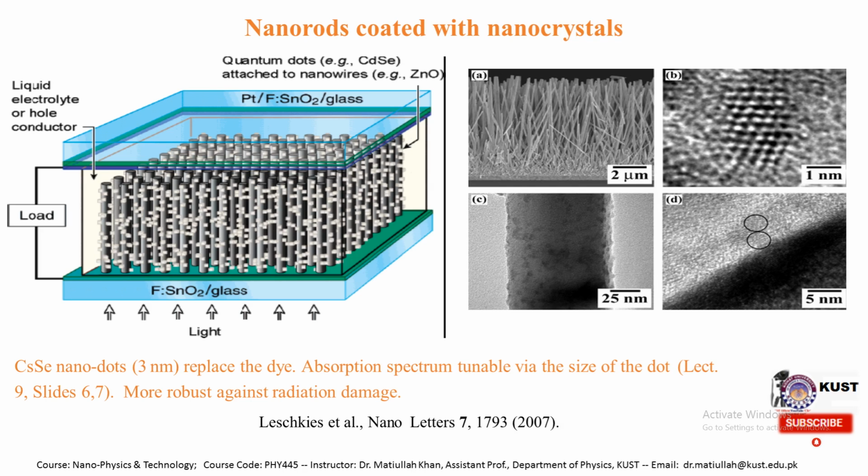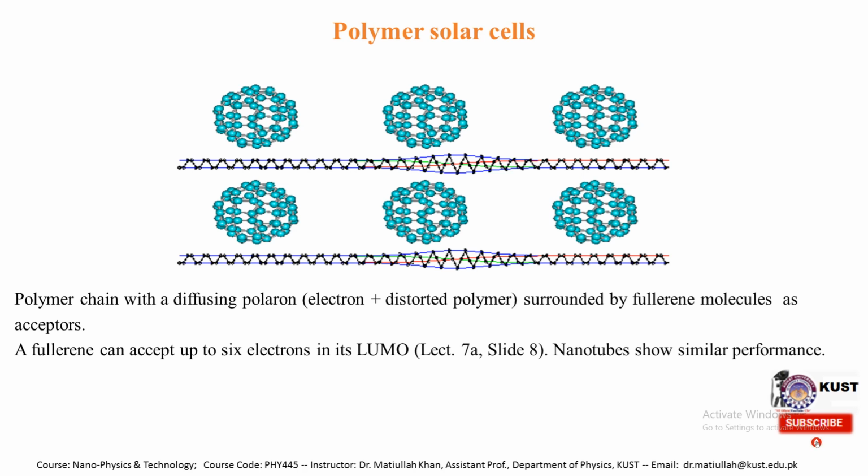We have polymer solar cells as well, also utilized for converting solar energy into electrical energy. In the case of a polymer chain with a diffusing polaron, which is an electron plus distorted polymer, surrounded by fullerene molecules as acceptor, the fullerene can accept up to 6 electrons in its LUMO for this purpose.